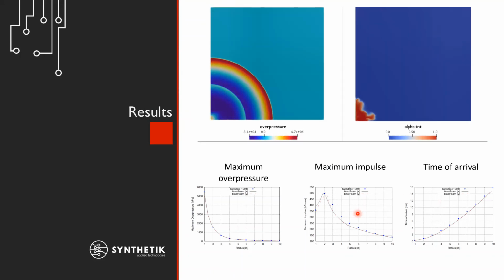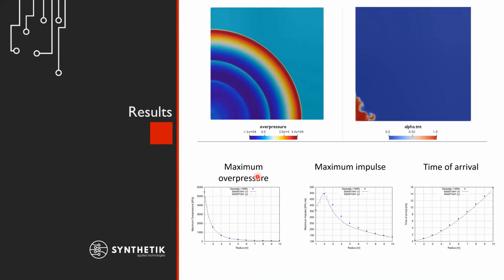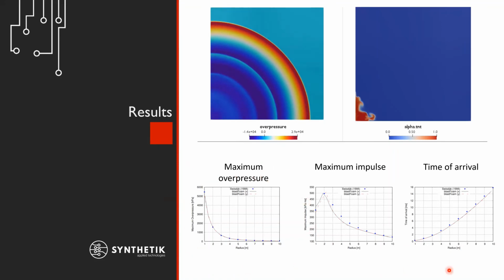On the bottom here, you can see our maximum overpressure in comparison with the equations, as well as impulse and time of arrival. That's pretty good.